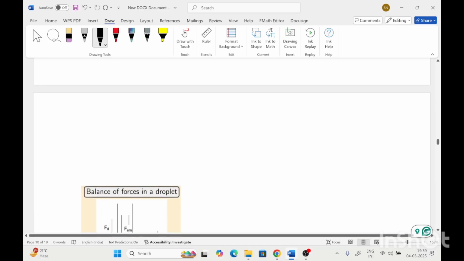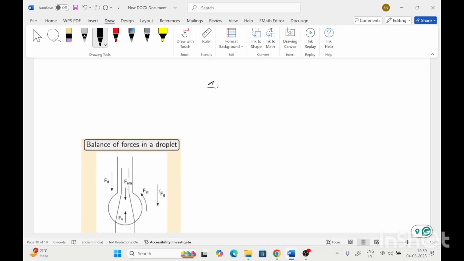So if we discuss the gravitational force, the gravitational force is given as 4 by 3 pi r cube, where r is the droplet radius, times rho g, and g is written as 9.81 cos theta.